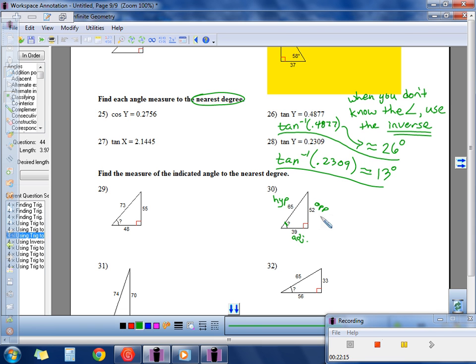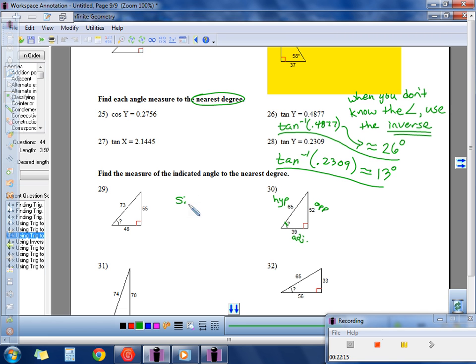Now, the problem here is, how do you know which trig ratio to use? Well, the truth is, it doesn't matter. Since they gave you all the sides, it does not matter which trig ratio you do, as long as you pick the correct sides. So on this one, I could use sine, I could use cosine, or I could use tangent, as long as I use the inverse and I pick the correct sides. Remember, I use inverse because I don't know my angle.